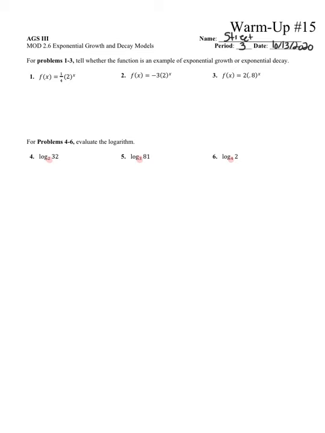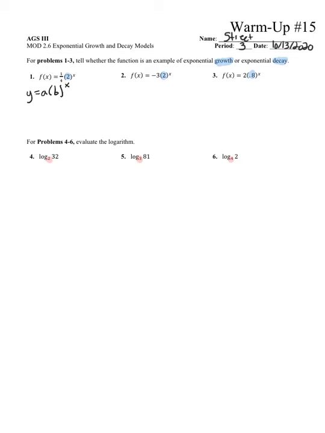Okay, so for the warm-up today, again, we talk about the first few problems. It talks about exponential growth versus decay. So we talked about these numbers in here. And you might remember the general form we used was y equals a times b to the x.